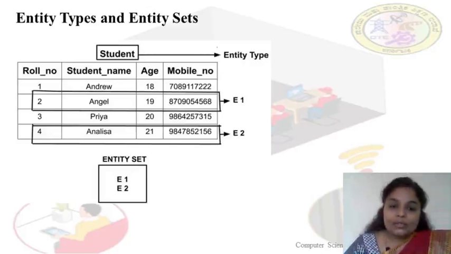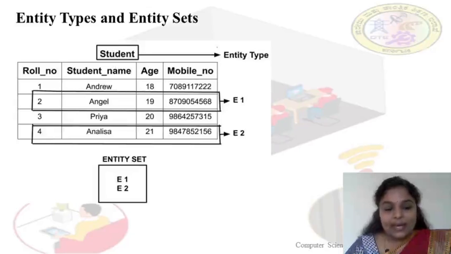What are the attributes? Roll number is an attribute. It is going to describe Priya, it is going to describe Andrew. If I say roll number 1, that represents Andrew. Or if someone asks, what is the roll number of Andrew? That will be stored in the roll number attribute. I am saying Andrew is an entity, Angel is an entity, even Priya is an entity, and Annalisa is an entity.